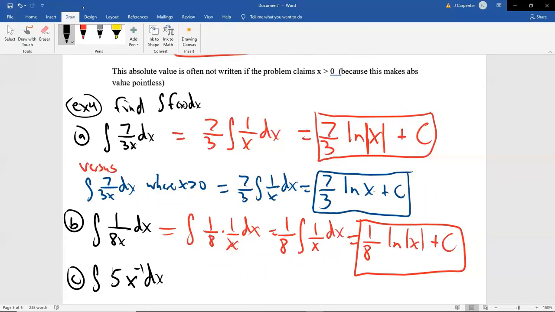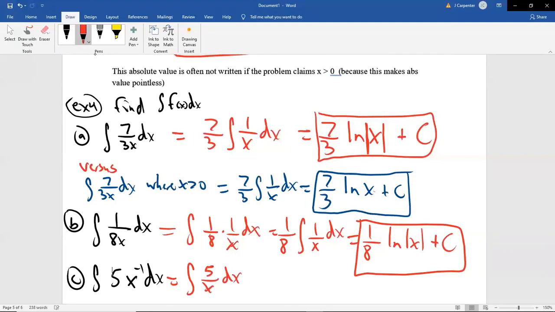If you try the power rule with this, negative 1 plus 1 is 0. You're going to be dividing by 0 and the world blows up. No. So it's actually interesting. This is the one and only one time you want the x in the bottom to make it look more familiar. So we go integral 5 over x dx.